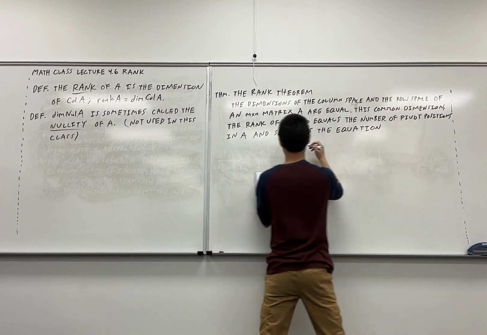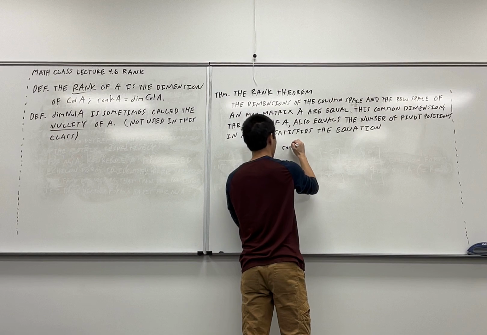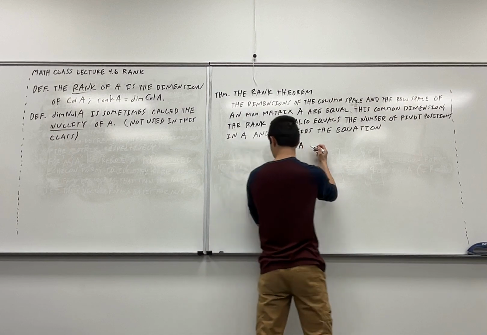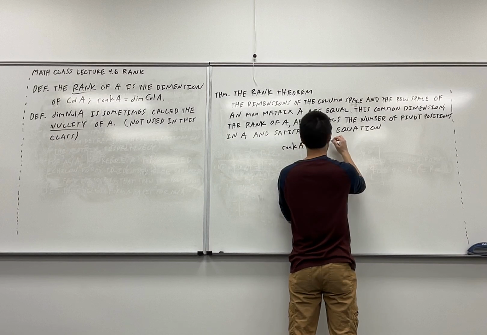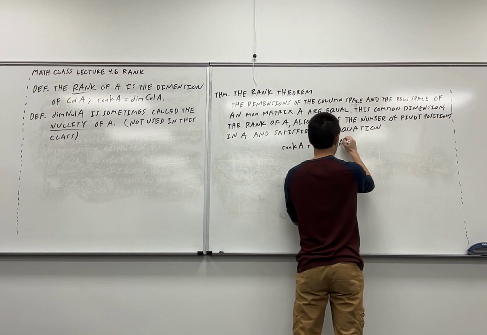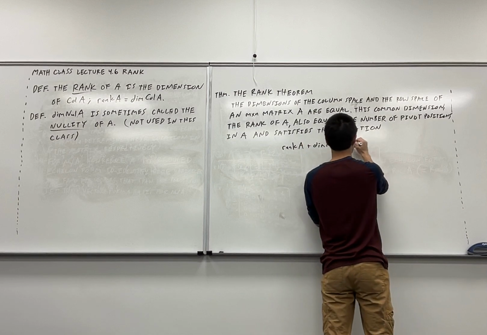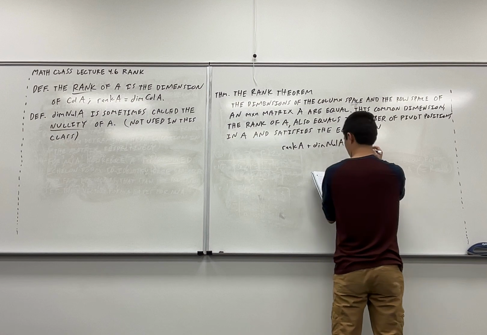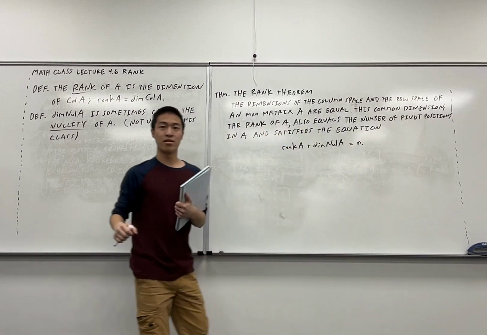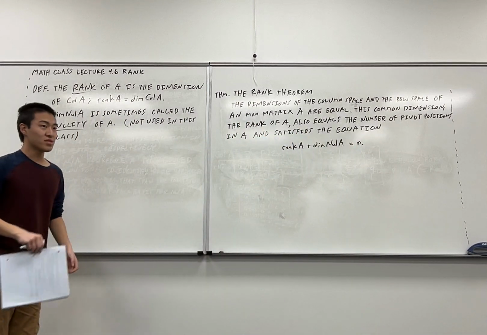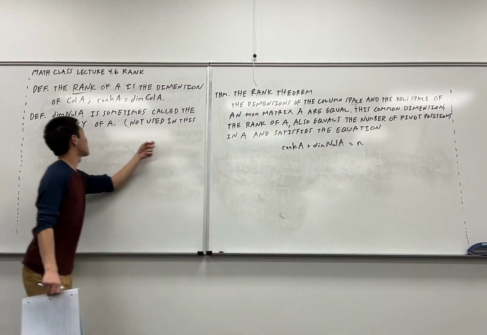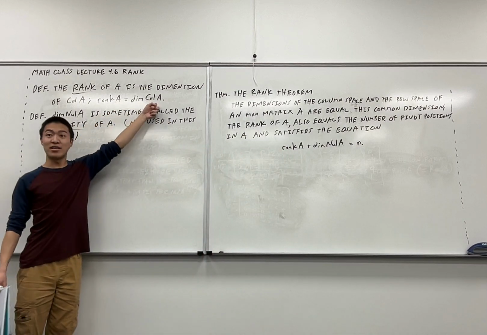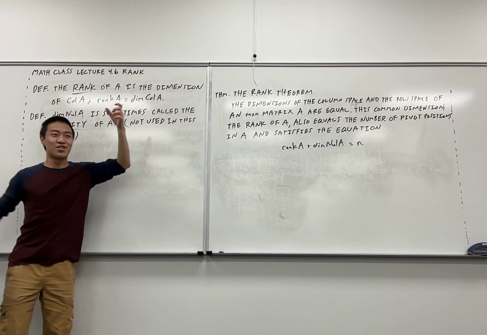Okay, ready? The rank of my matrix added to the dimension of the null space is just n. And if you don't see the parallelism yet, what is rank defined as? The dimension of the column space.